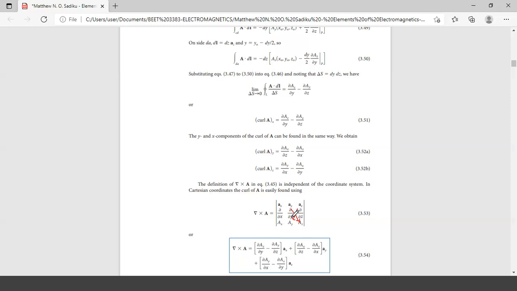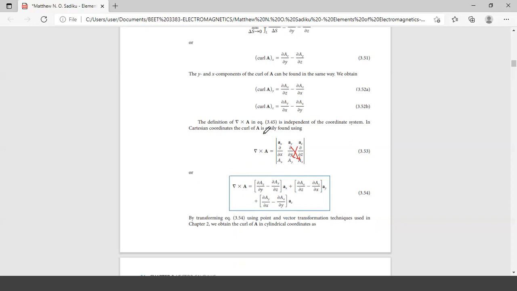Same like this. And then the second one at direction y, you close the middle column, and del times Az over dx plus del times Ax over dz. So it's the same, and also this also. So you use this method to find the curl A.